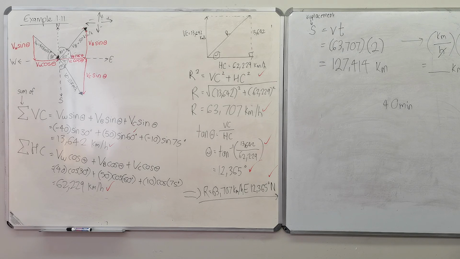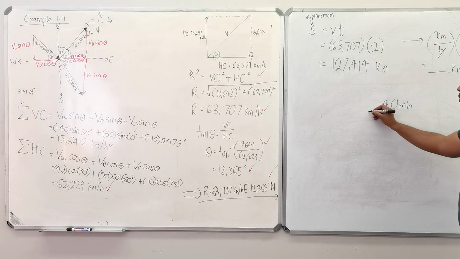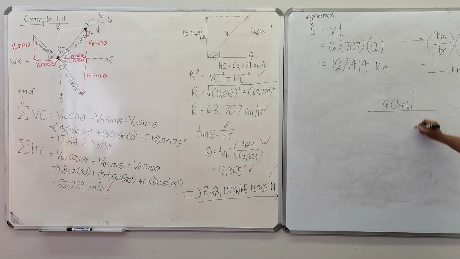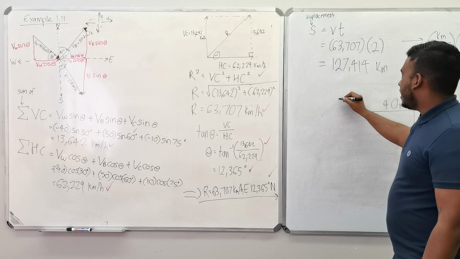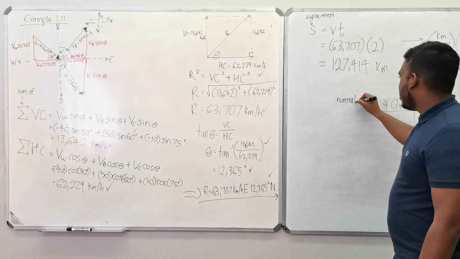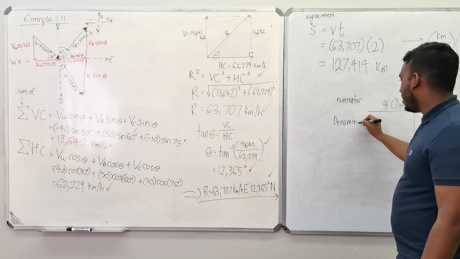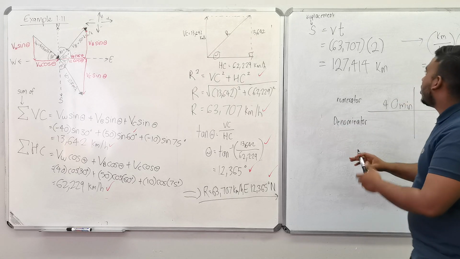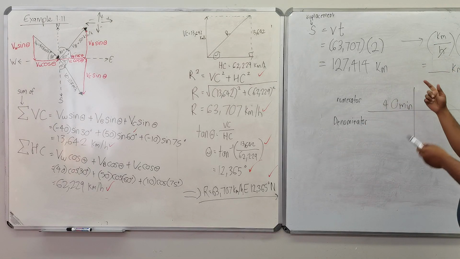When we learned unit conversions, we learned something called the stick method. You draw it like this: this is your numerator, and this here is your denominator. I'm going to use that value and show you how you convert into minutes.